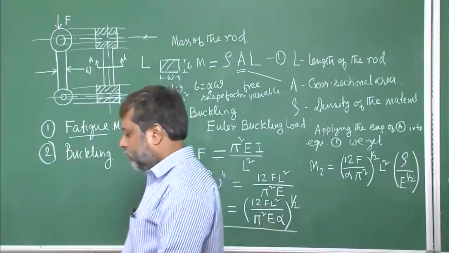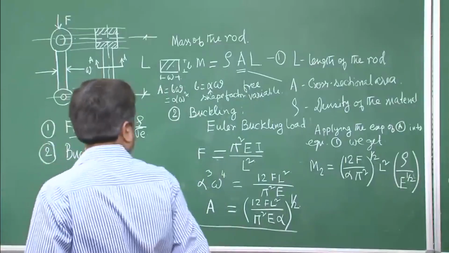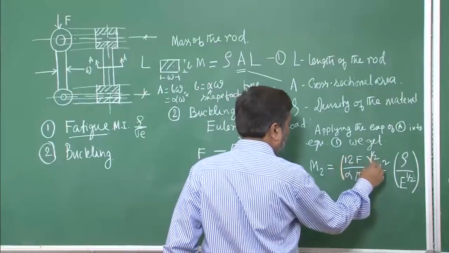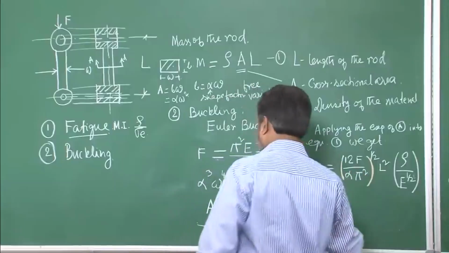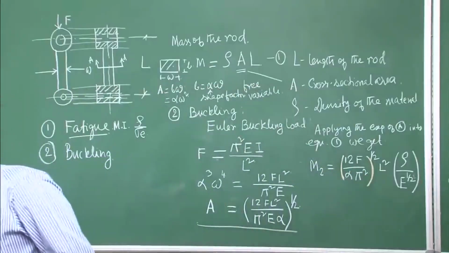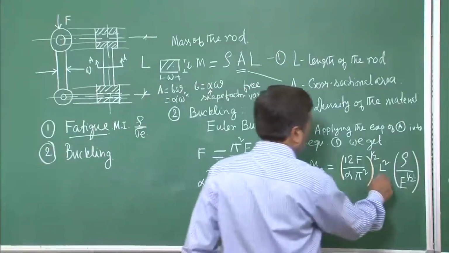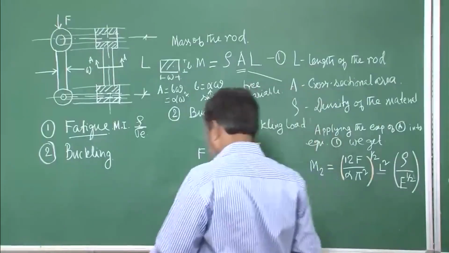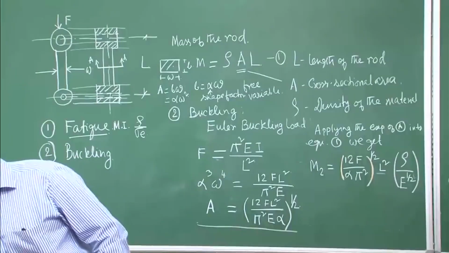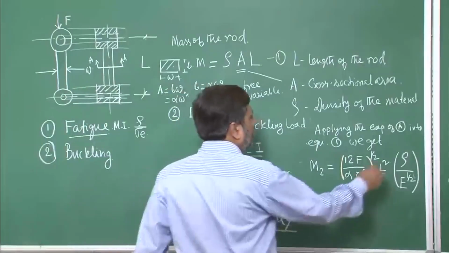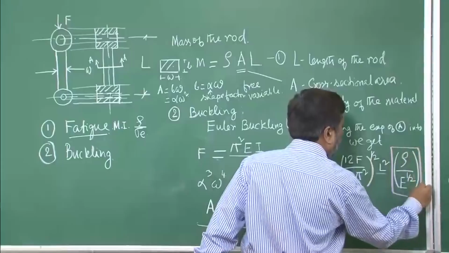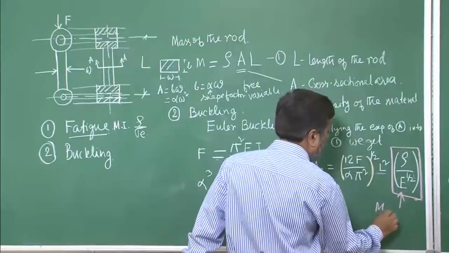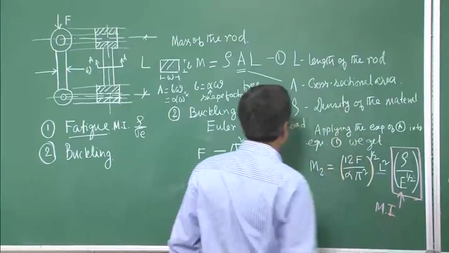So we have divided our system into 3 different parts. This is the functional part, and of course the constants are also here, and then we have the geometry part, and the last part is the material property index, that is rho over square root of E. That is our material property index, Mi.